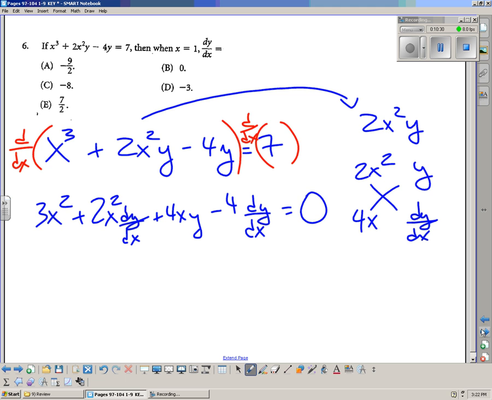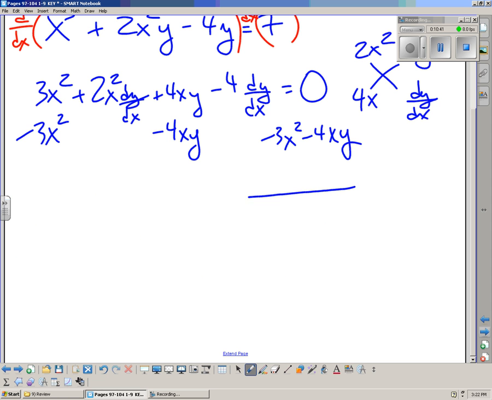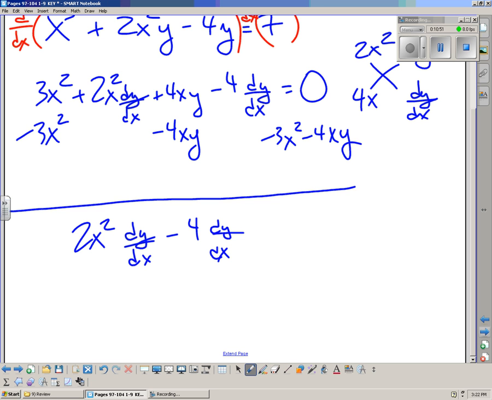So it looks like it'll be easier to subtract 3x squared and 4xy from both sides. So now we get 2x squared dy over dx minus 4 dy over dx equals negative 3x squared minus 4xy.